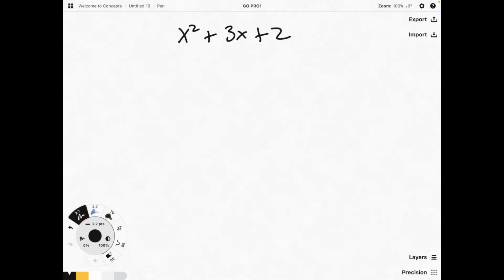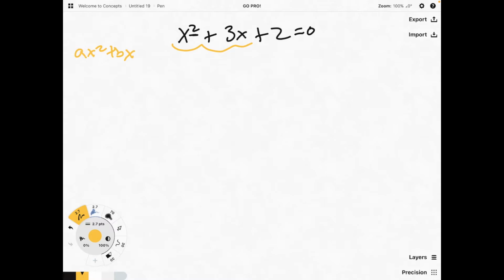If we go back to our original problem where we had x squared plus 3x plus 2, we're going to try to complete the square and solve for x. So in this case, we do need to set it to 0. We understand that this is a quadratic equation because the highest degree is 2, which is what we have here. And so with completing the square, it states that we just need to work with this front half, being ax squared plus bx.